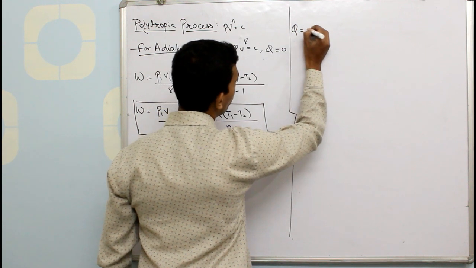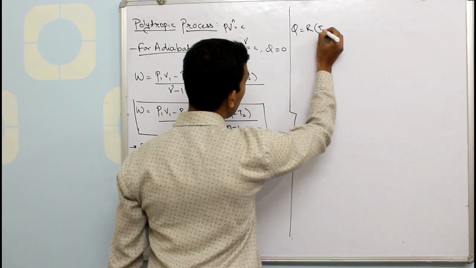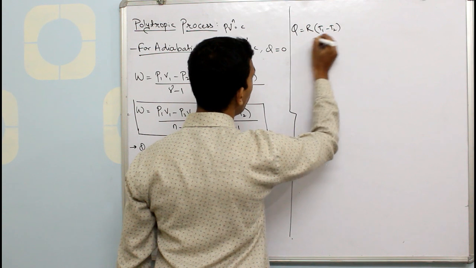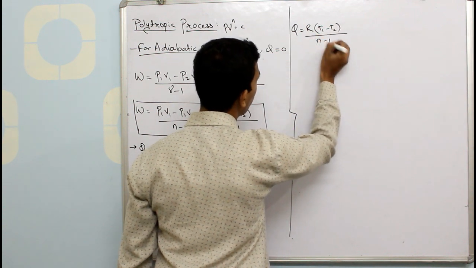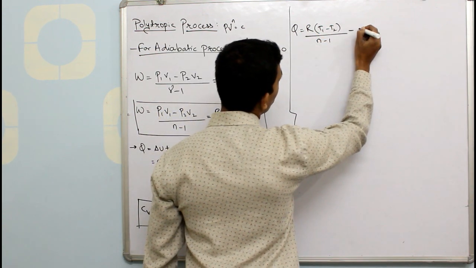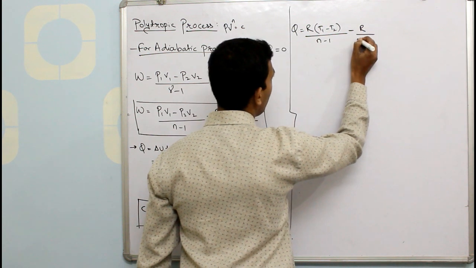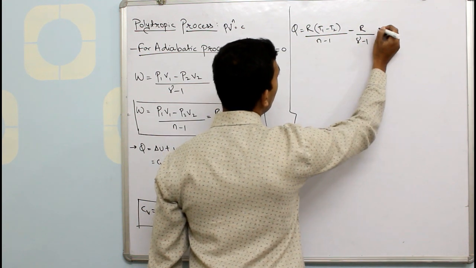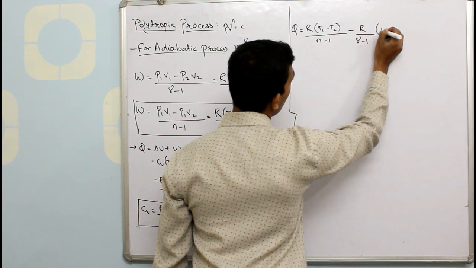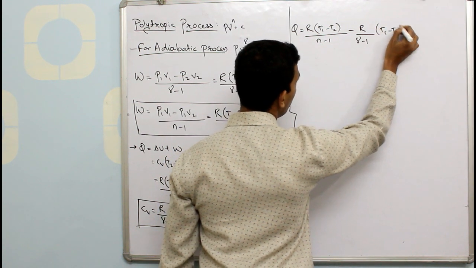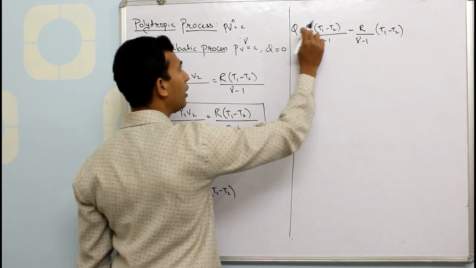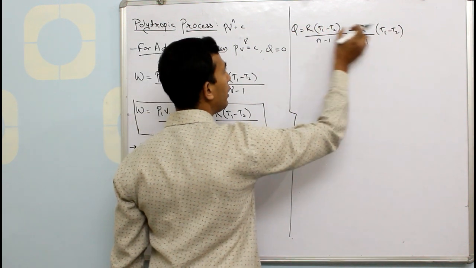Q equals R into bracket T1 minus T2 divided by n minus 1 minus R divided by gamma minus 1, in bracket we have T1 minus T2. So here R into bracket T1 minus T2 can be taken as common.